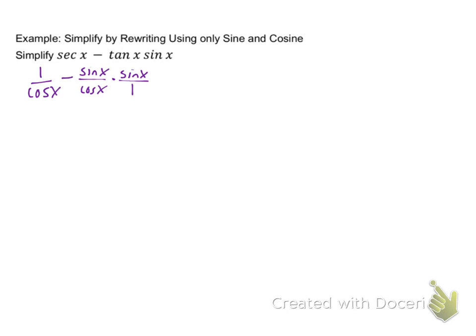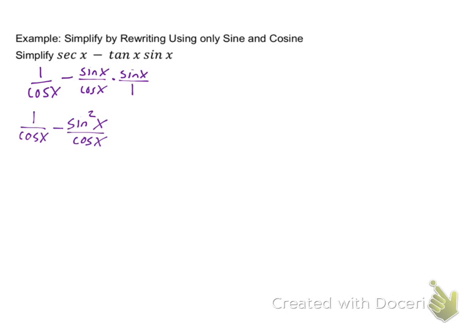Across. Top times the top, bottom times the bottom. So when I actually make that move, it'd be 1 over cosine x minus sine squared x over cosine x. I got it.